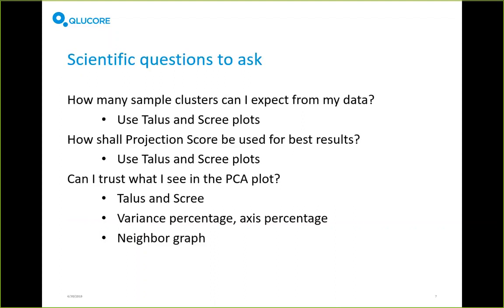That's a sort of simplified way of doing it, because usually if we want to do this in a stringent way that is scientifically correct, we should do a bit of statistical testing and so on as well. However, as I find these sample clusters, one good question to ask oneself is, how many of these clusters can I expect?